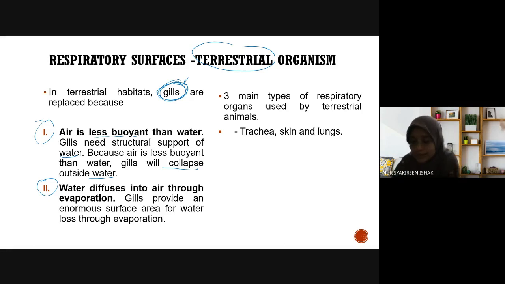Okay, so for terrestrial organism, so there are three main types of respiratory organs used by the terrestrial animals. You have the tracheal system for insects, skin, for example, earthworm, amphibians, lungs are for mammals and also birds. Okay, and also reptiles.